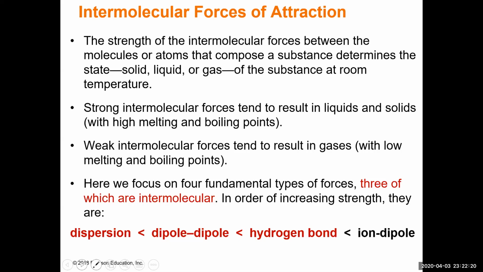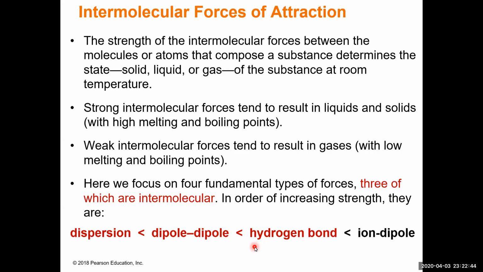So between our intermolecular forces, our weakest intermolecular force is our dispersion. The next strongest is the dipole-dipole intermolecular force. And stronger than that usually is our hydrogen bonding, if we have hydrogen bonding.